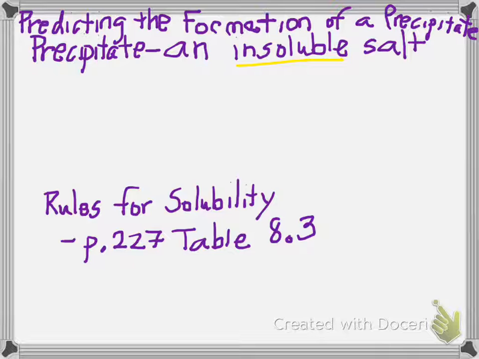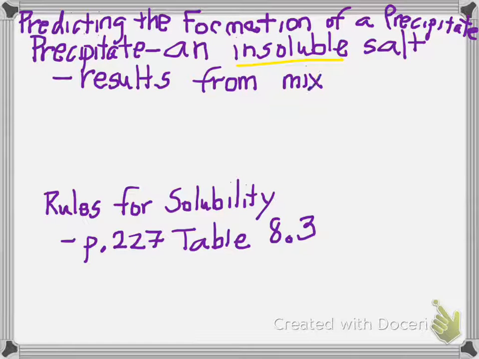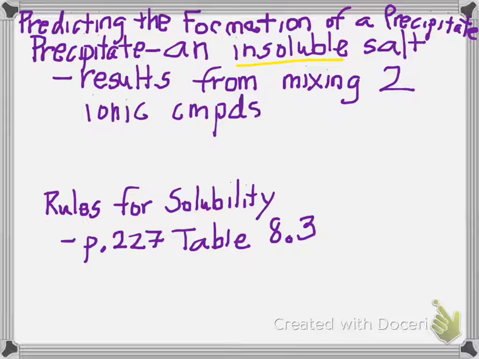So a precipitate is an insoluble salt, and a precipitate results from mixing two ionic compounds, like we have happening in our double replacement reactions.